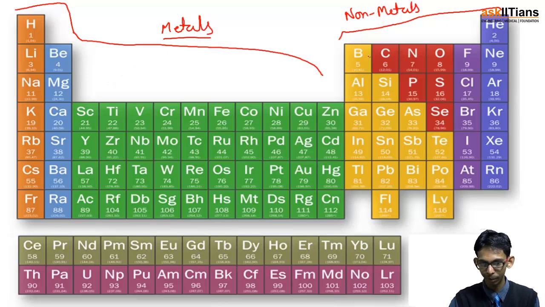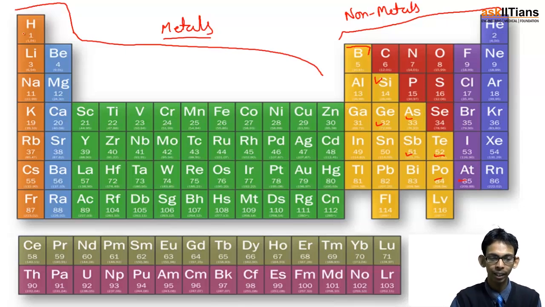While there are some elements like boron, silicon, and so on, which belong to this zigzag region. These 1, 2, 3, 4, 5, 6, 7, 8 elements are metalloids, because they have the properties of both metals and non-metals.